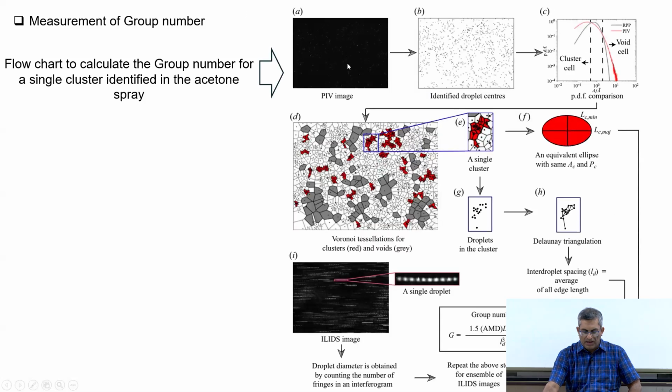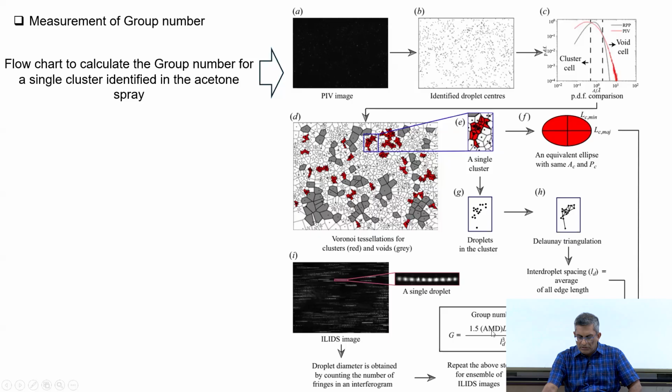Here we have a PIV image, and we do Voronoi analysis, and we also do Delaunay triangulation to calculate the separation distance, then the length scale of the cluster. These are different length scales. If you define major and minor axes for each cluster instead of a circle-equivalent size, then you get this expression.